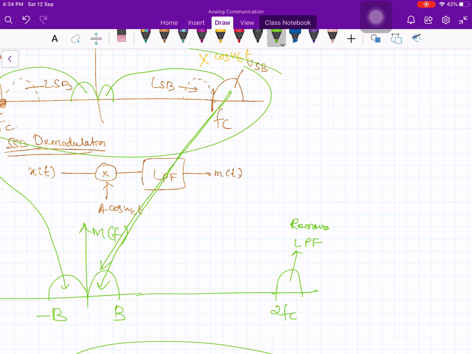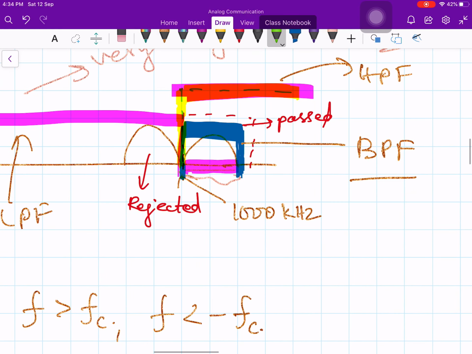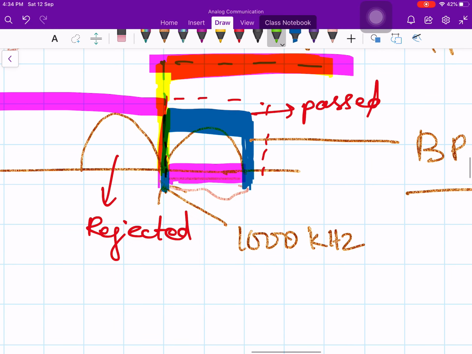If you look at the sideband filter here, if you enlarge, it has a sharp cutoff like this. This kind of sharp cutoff ideal low pass or band pass or high pass filter is not a trivial job.